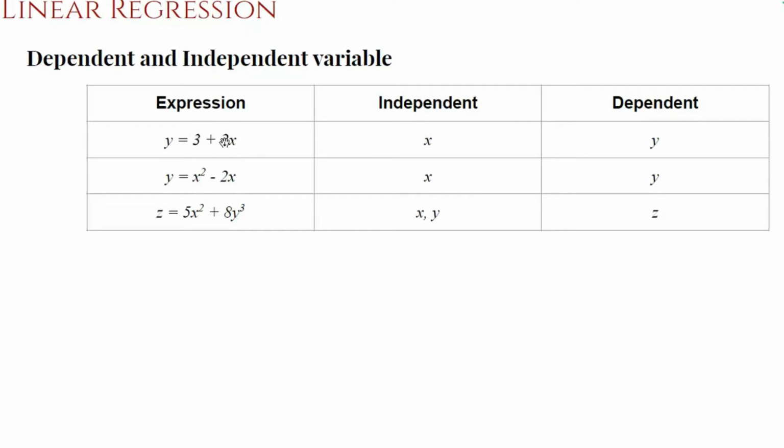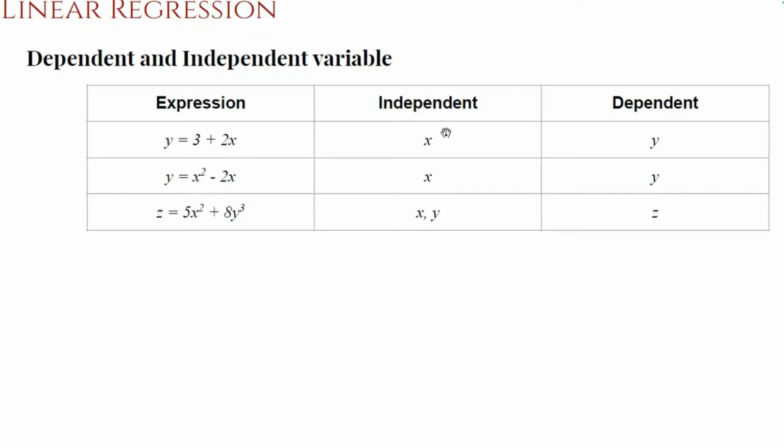If they are related like this, they are called linear. If x and y are related by something like x square minus 2x and so forth, then these are non-linear. But let us focus on linear relationships.